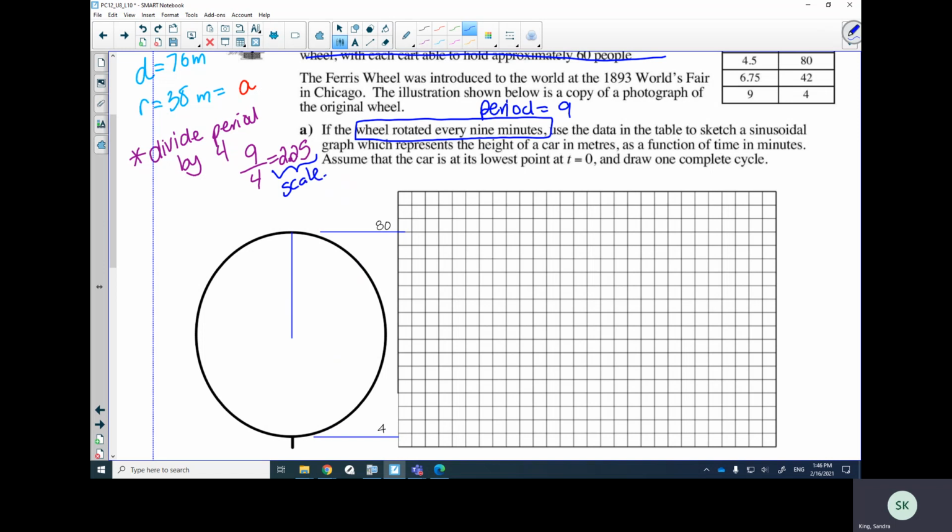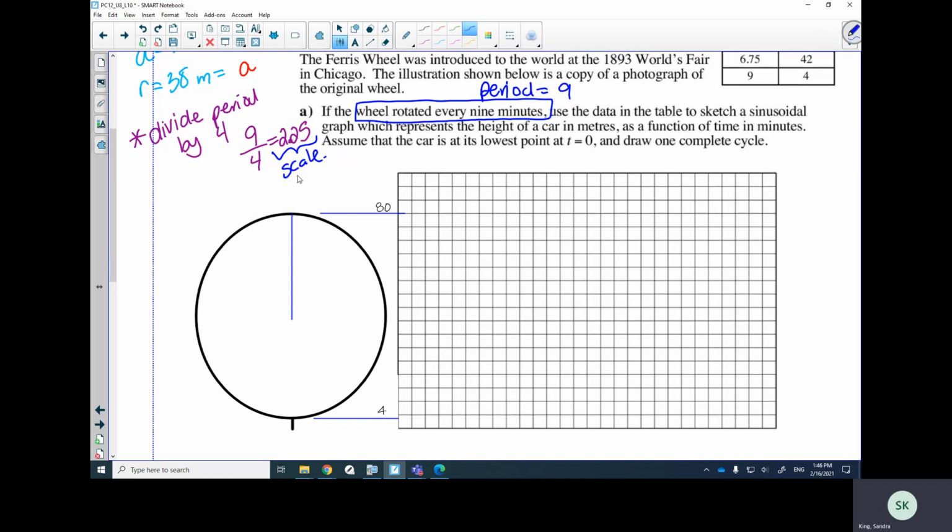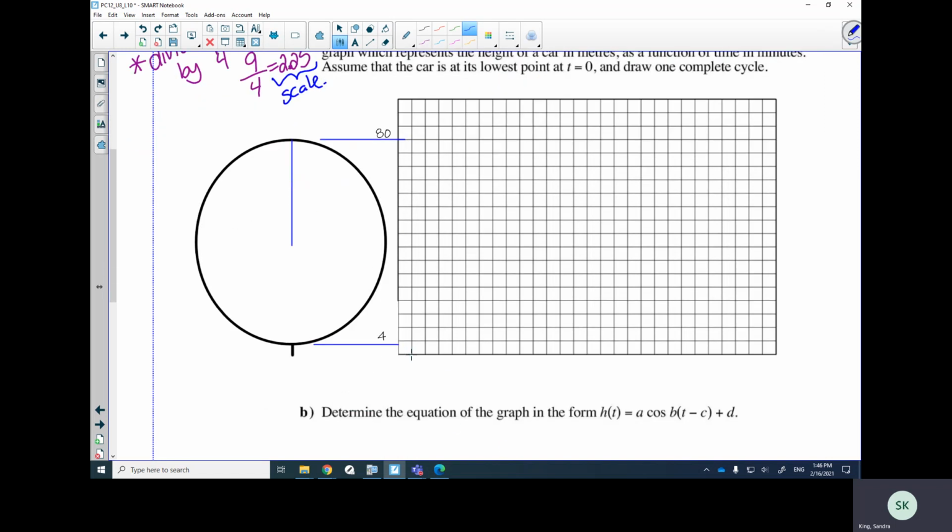Scale. Okay, so what that means is this. I don't want each hatch mark to be 2.25 minutes, but just watch what we're going to do and then it will make sense once we illustrate this. I want you to count up 5 boxes and we're going to put 2.25. So 1, 2, 3, 4, 5, 2.25.